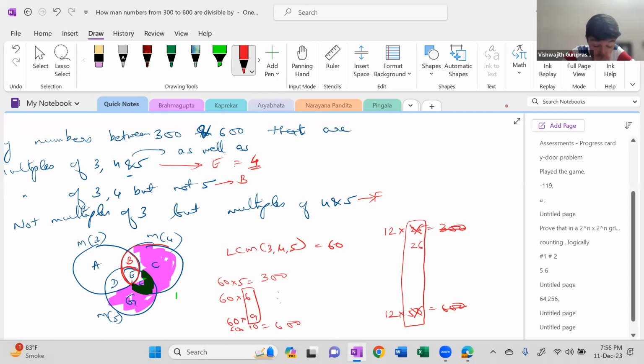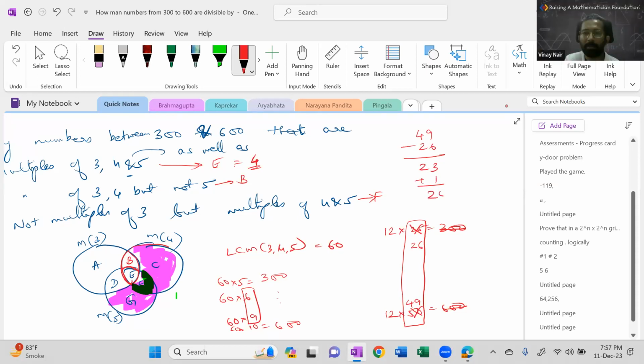Okay. 26 to 49. So 23 plus 1. You know why we are adding 1? Okay, let's think about this. How many days are there from 1st of January to 5th of January? It is not 5 minus 1.